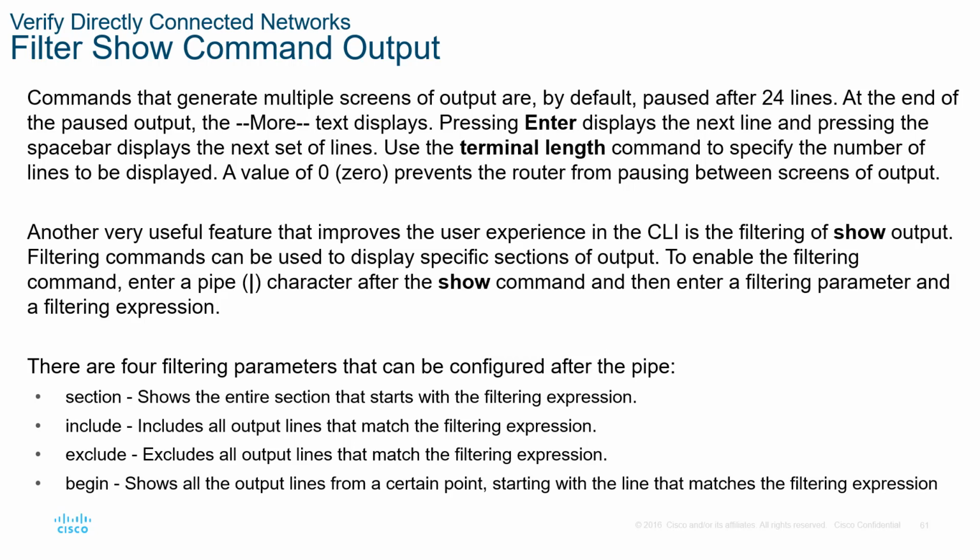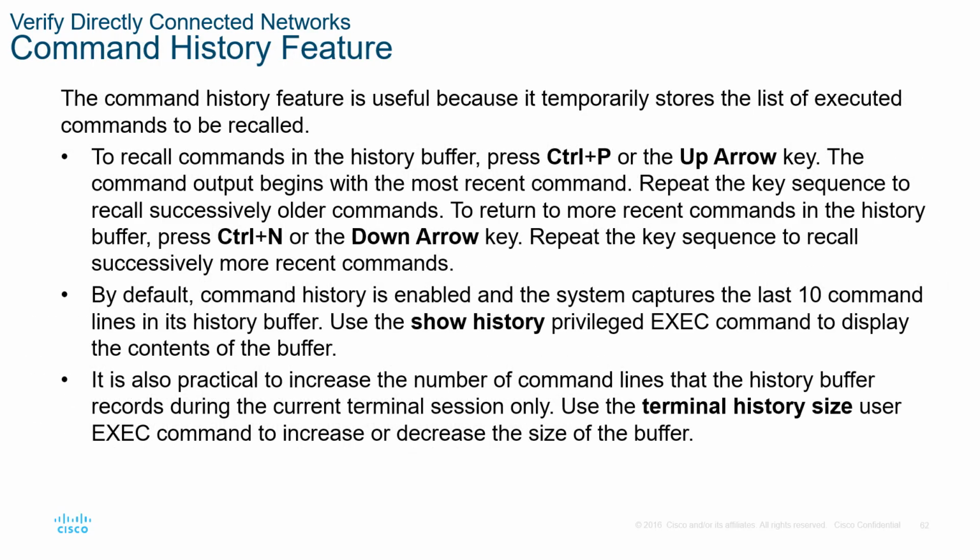And I believe we have a lab that outlines how to do some of the filtering. We have a command history. If you ever programmed a Cisco device, you can modify it by looking at the show history, or if you're connecting using a terminal, the terminal should also have a history. You can also hit the up arrow or down arrow to look at commands that you've recently issued. And those are all part of the history feature set.